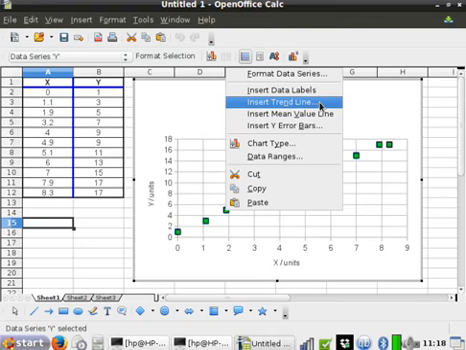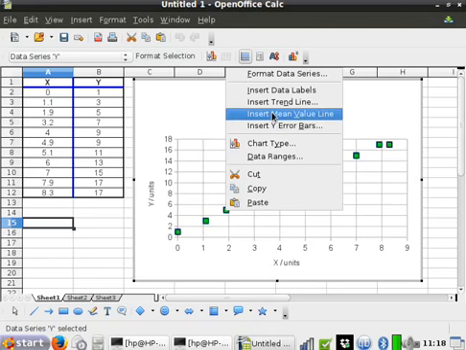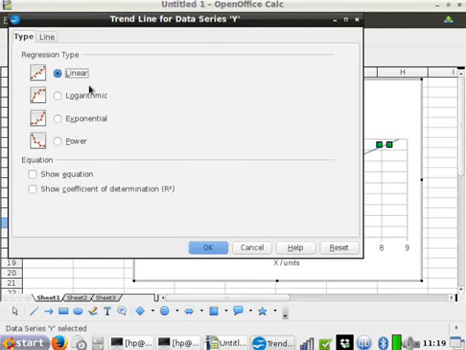So in my program I highlighted the points by double clicking them and I pick insert trend line and we pick linear. We won't worry about this yet, but if these options are convenient for you, you should pick them.